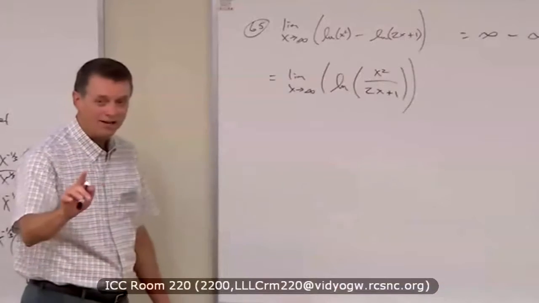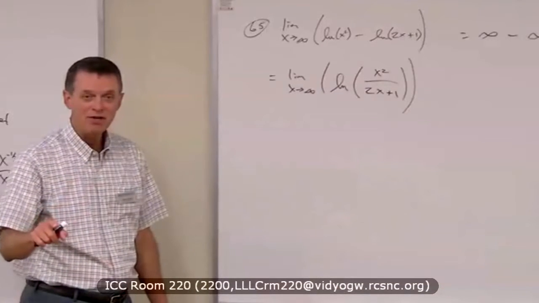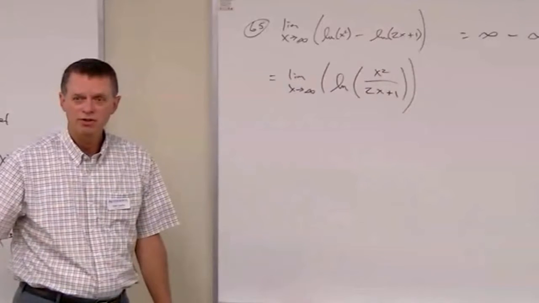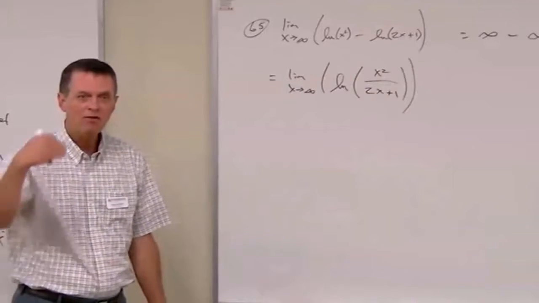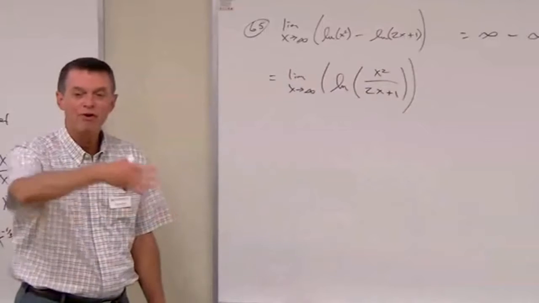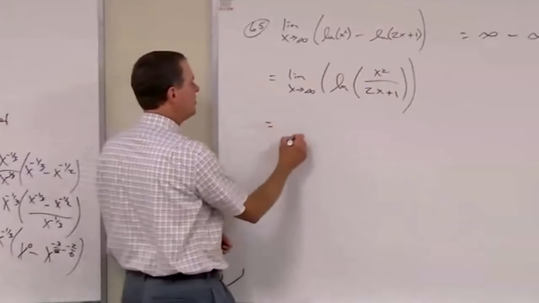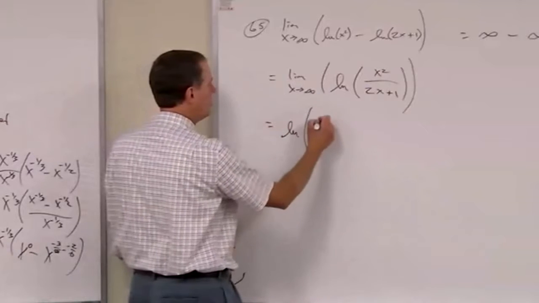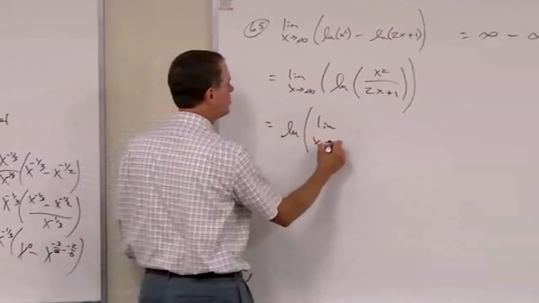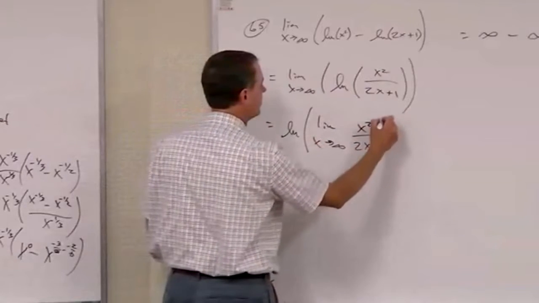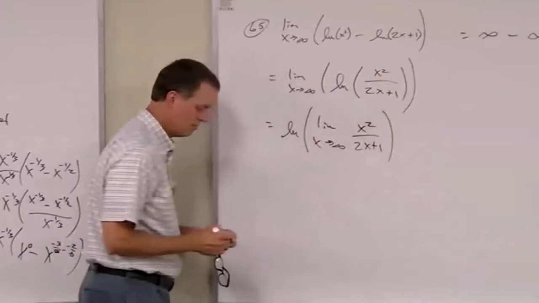And now I can make this easy because I can use the composition theorem we discussed. You have a function of a function. You can pull the outer function outside the limit. So this is a logarithm of the limit as x goes to infinity of x squared over 2x plus 1.